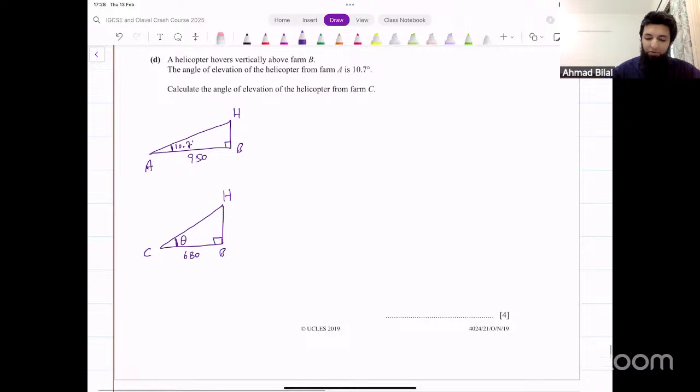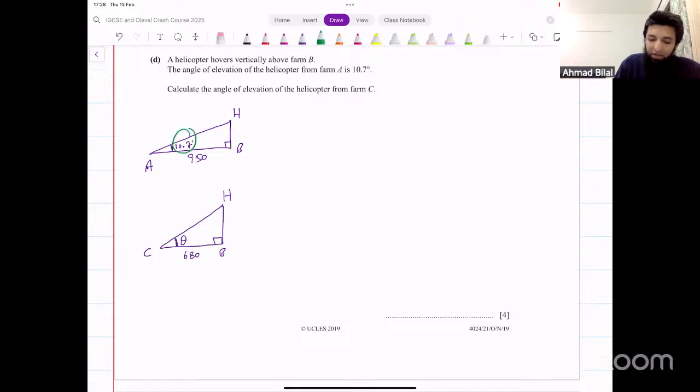Now, what we have to do is find this angle theta somehow. In the lower triangle, we don't have enough information. We only know one side. But in the upper triangle, we know an angle, we know the side. What we can do is use some trigonometric ratio to find HB, the height of the helicopter above the point B. How can we do that?